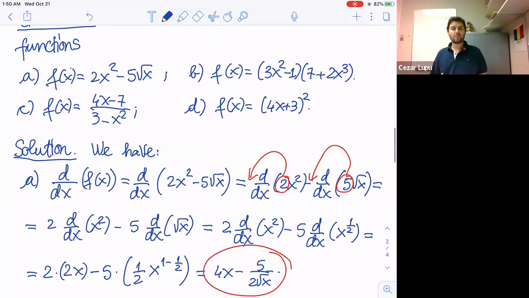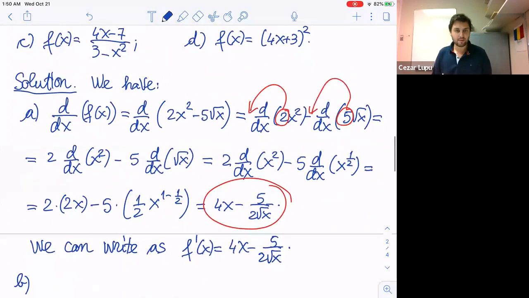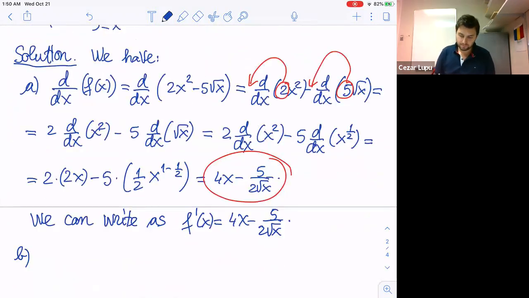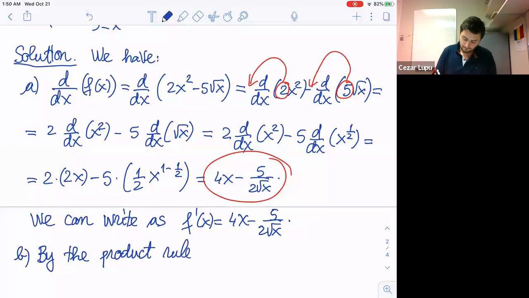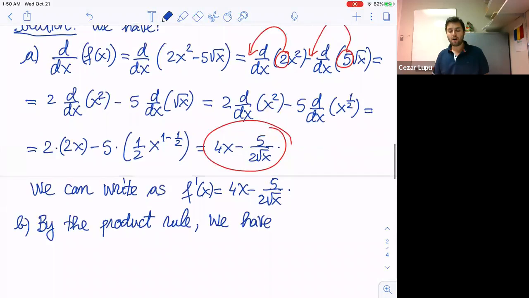As you can see, the second function is the product of two functions. So we will definitely apply the product rule. By the product rule, we have the following.